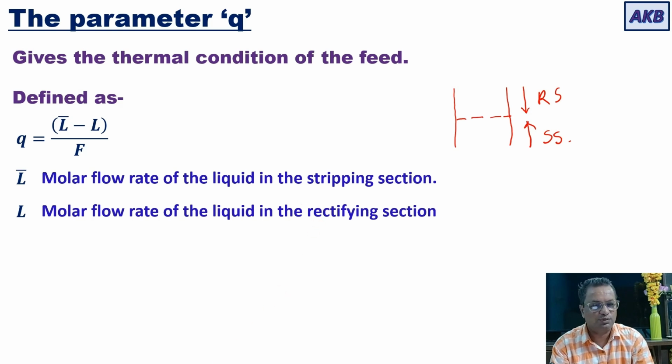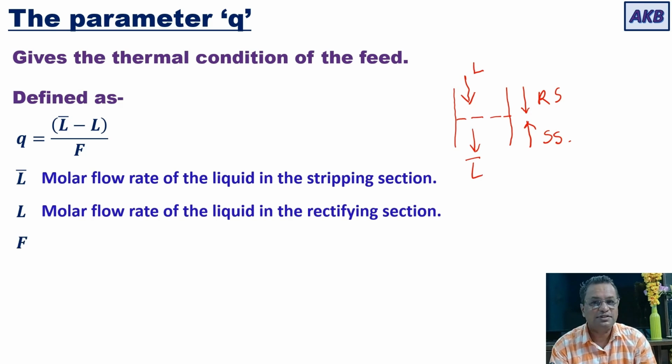So if you have to show this over here, you have liquid coming from the top in the rectifying section with molar flow rate L, and then the liquid going to the stripping section. After it comes into the stripping section, the flow rate changes to L bar.